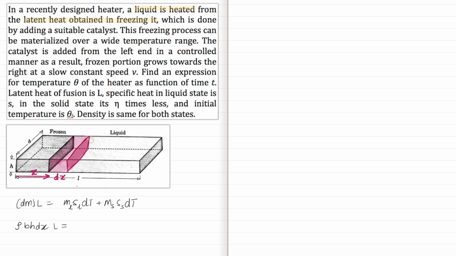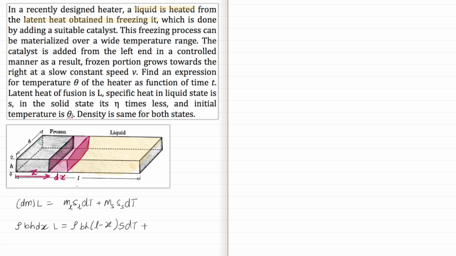Now for the mass of the liquid, for this entire liquid the temperature will rise, and since thermal conductivity is very high, we are assuming it will increase uniformly. So we can write the mass of the liquid as density into volume, where b h is the area of cross section and the length is L minus x. So mass into specific heat of liquid S into dT.